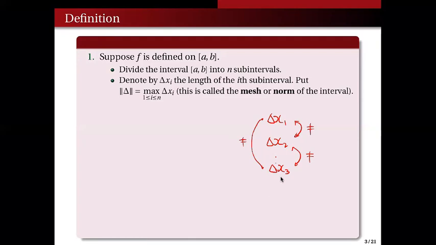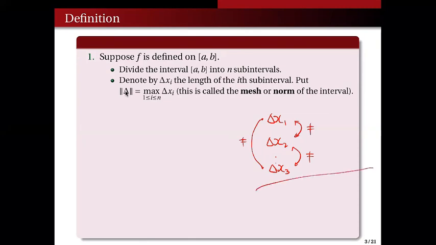And then you will choose the highest delta x there. Could be delta x1 or could be delta x2, etc. So you choose the highest. Once you have chosen that, you give that to this symbol here. We call this the mesh or the norm of the interval.